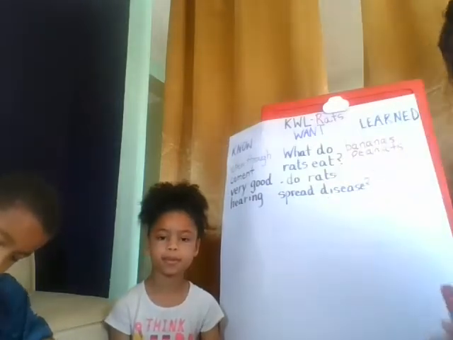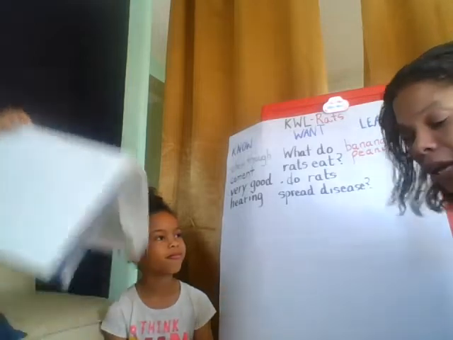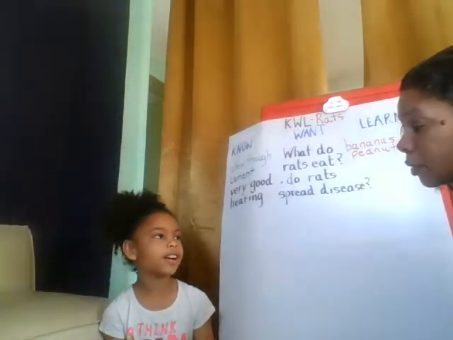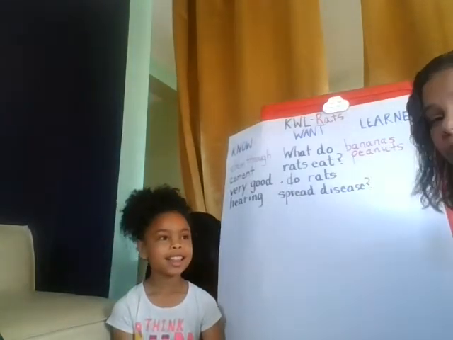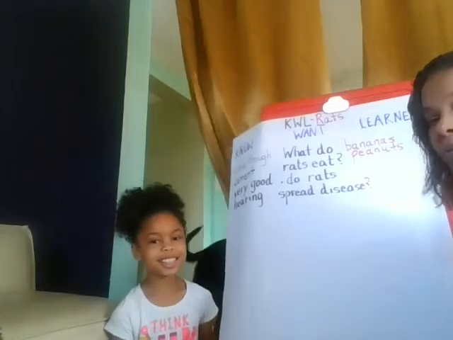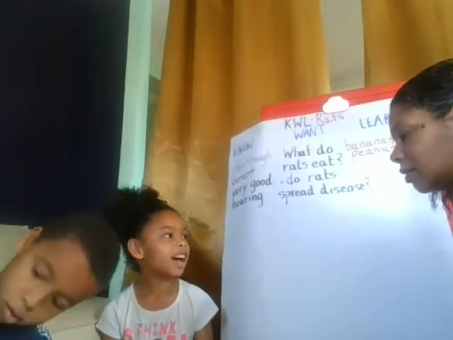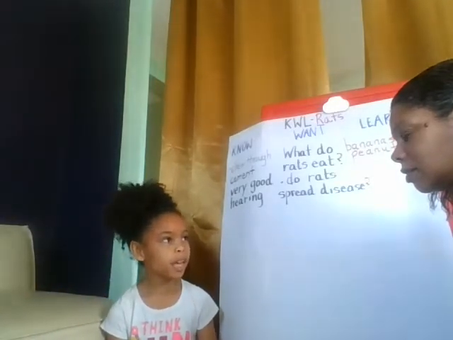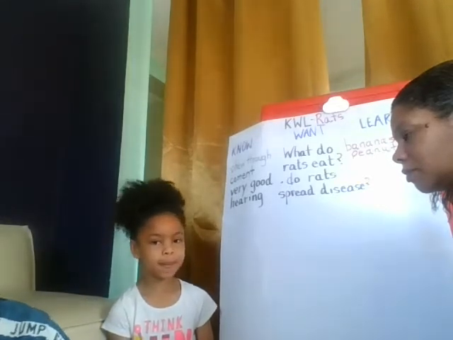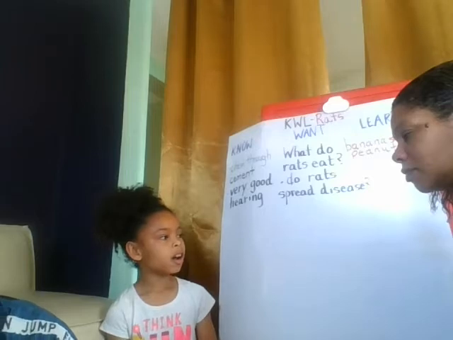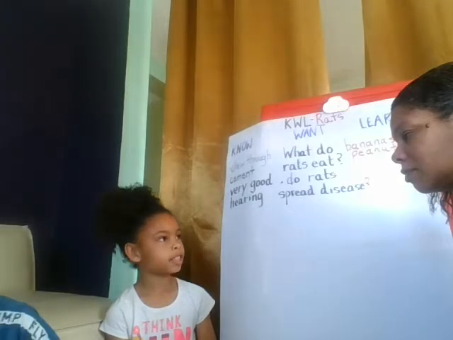Okay, and a question that I had was, do rats spread disease? So Libby, did the story HeroRats talk about rats spreading disease? No. Okay, did they talk about disease though? Yes. What did they say? They said that a disease called tuberculosis, a scientist with a microscope would take 1 day to test 40 people, but a rat would take 7 minutes to test 40 people.